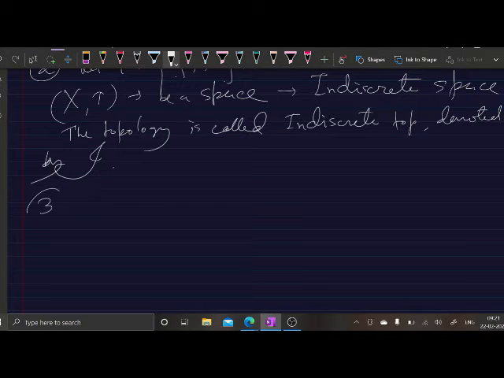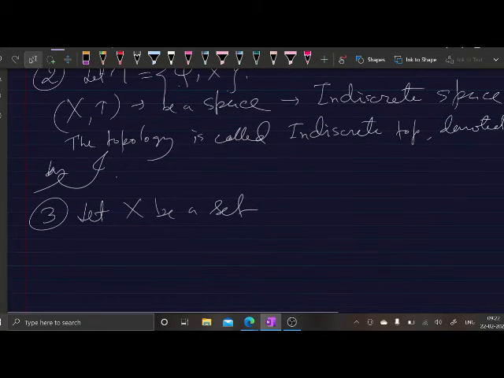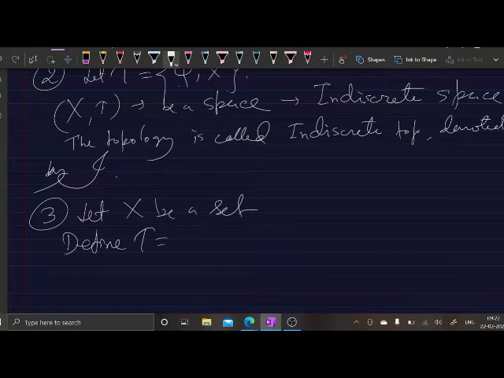Now let us have a look at this example. Let X be a set, and suppose you define tau as phi union those subsets V of X such that their complements are finite.